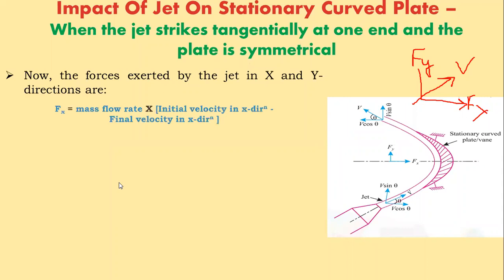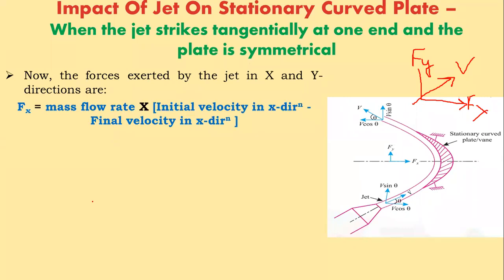So let us find out. First we will find out Fx, that is force in the x direction, or the direction of the plate. It will be mass flow rate into initial velocity in the x direction minus final velocity in the x direction.